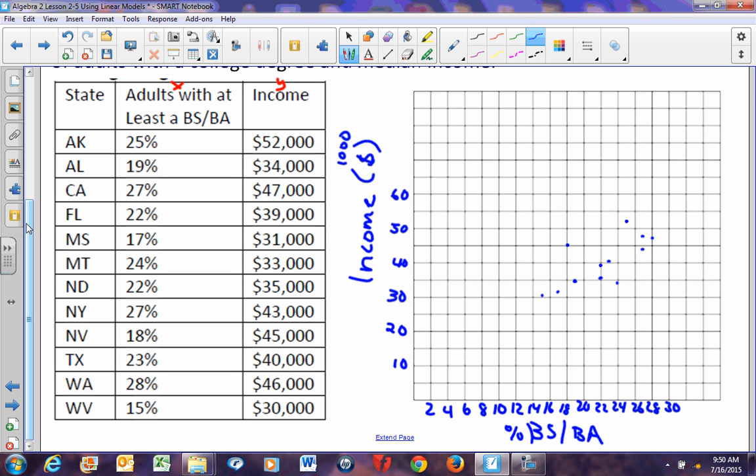So if I look at all those dots right there, it looks like the slope is going up, but it's not a strong positive slope. So this would be a weak positive correlation.